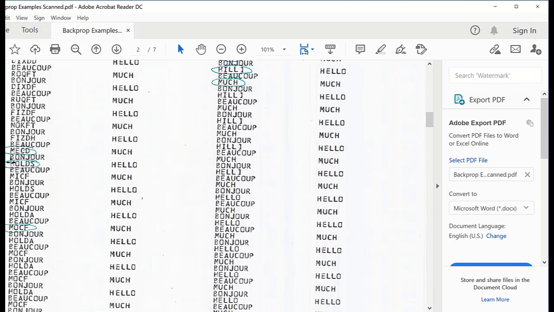Bonjour gets holds. Getting closer. Mochva. Here it's got hildi and much. Oh, it got one right now. So it's getting better and better. And then as you go down, you can see bonjour gives hello and beaucoup gives much, and it's getting the right answer. Well, this illustrates how you have to encode the inputs, and it also shows you how it slowly learns. It's slowly updating the weights to get the correct answer.